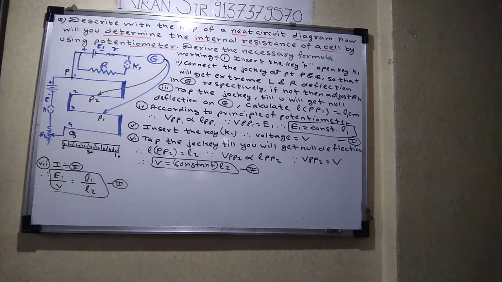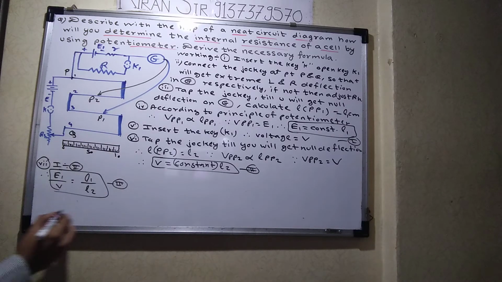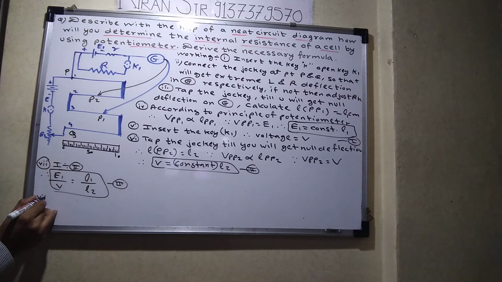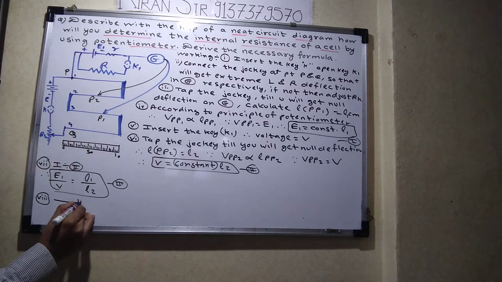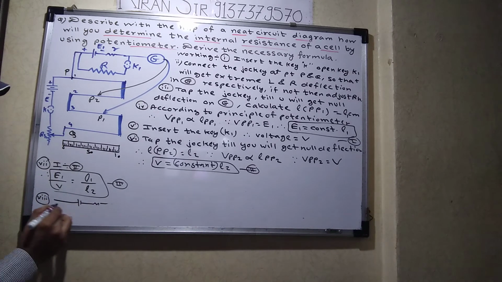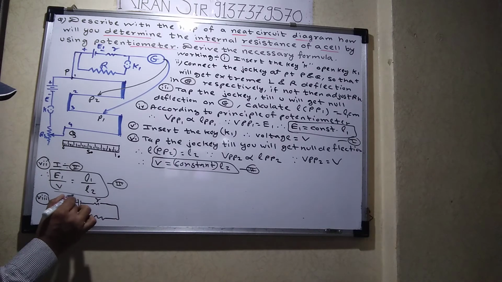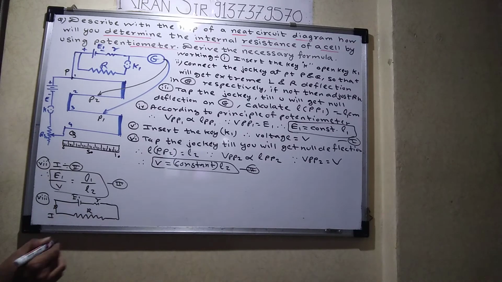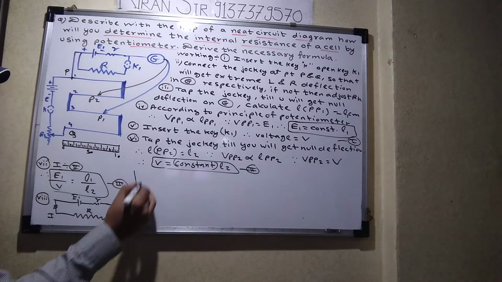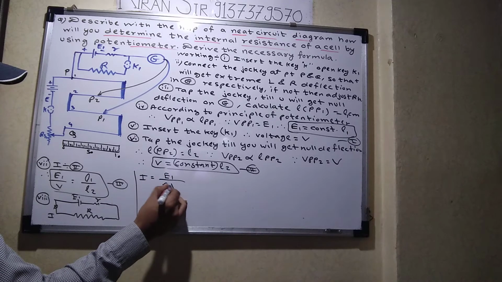Now just look at this circuit. Let me write point 8. If I observe this circuit, battery is there, internal resistance is there, and external resistance is there. If you remember, we derived a formula for I. I equals E1 upon R plus small r.